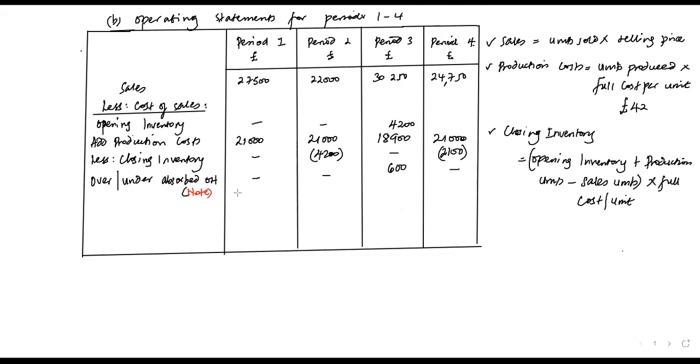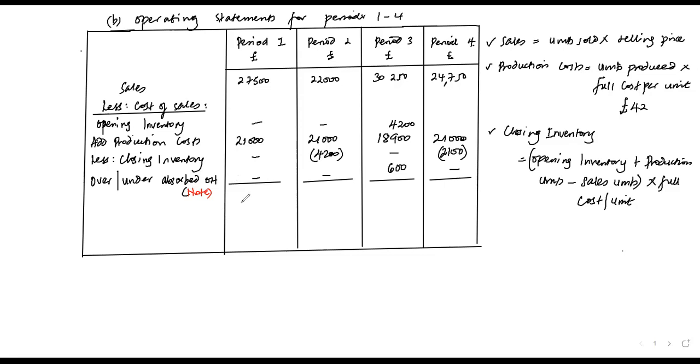Then after that, you can get your cost of sales figure, as we are going to see. If it was over absorption, then it means that more fixed overheads are being charged, so the over absorption will be deducted. In other words, it will reduce your cost of sales, or you can take it as an income. There are two ways you can deal with that, the treatment.